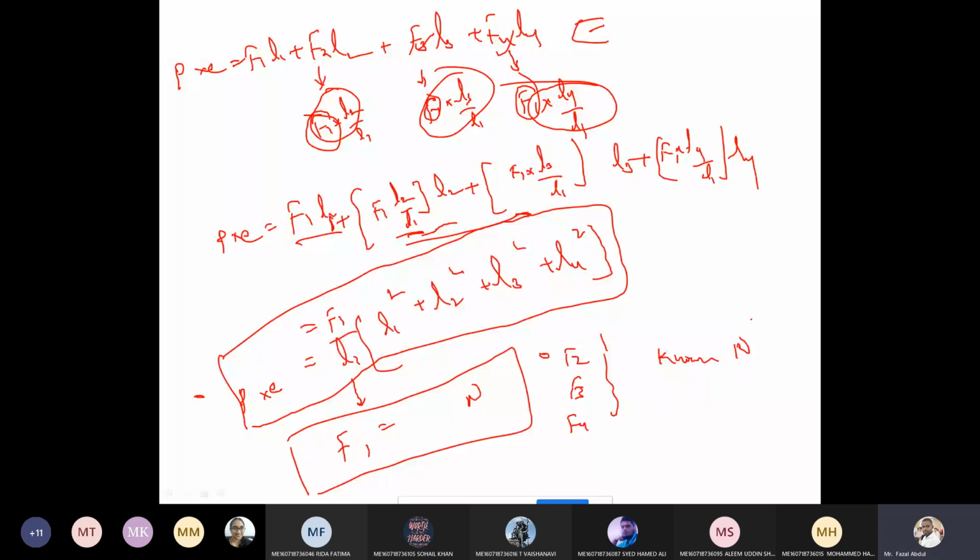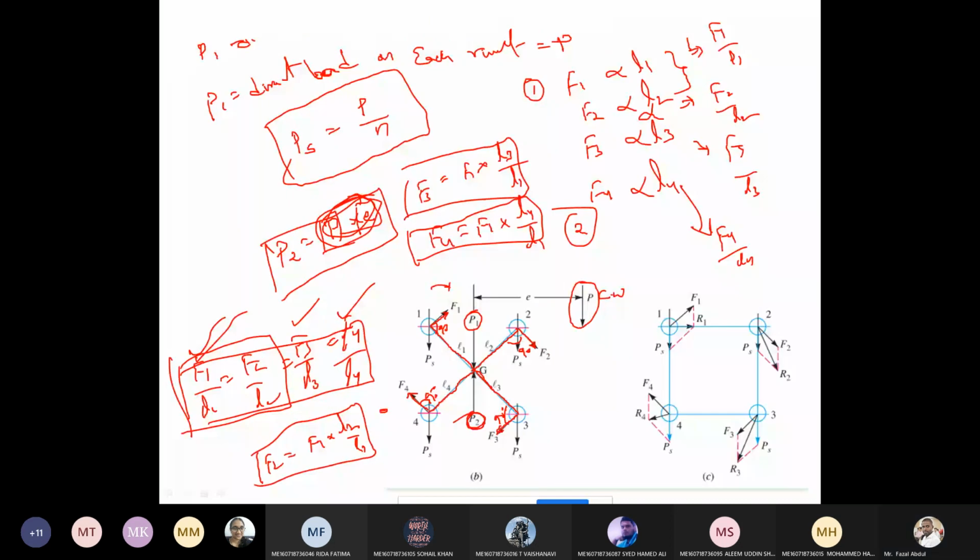Now see here in this diagram. Due to the self weight, the direct load is acting on each rivet vertically downwards. And due to the eccentric loading, the secondary shear force is generated on each rivet, that is F1, F2, F3, F4.